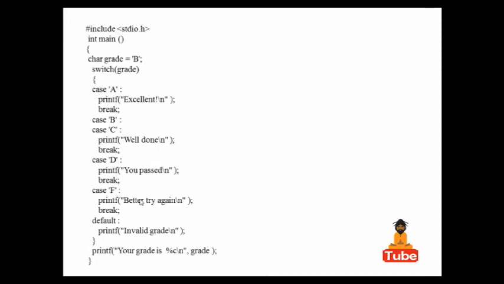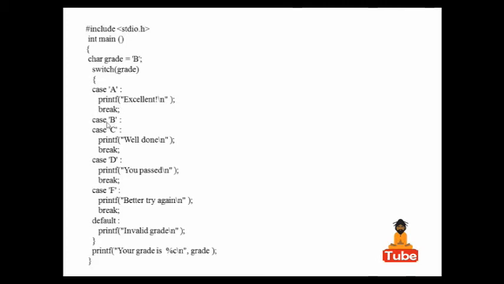As you can see, I am writing a program to calculate the grade of a student. I have taken a variable named grade, of type character, and I have assigned it B. I am writing the switch on grade, and for that I am giving the case A, and for A the statement is printf excellent, and this break.